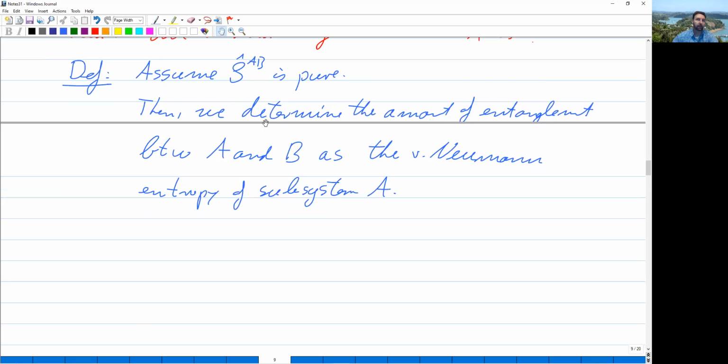So you have a composite system AB, and you wonder how much are A and B entangled with each other? Well, just calculate the entanglement entropy of subsystem A. If the entanglement entropy is 0, then we know that they're not entangled. The higher the entanglement entropy, the more they are entangled.